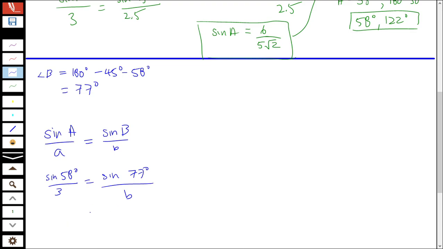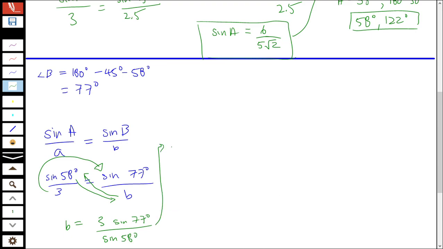So I'm going to rearrange. I'm going to multiply B on the left side, and I'm going to multiply or divide this on this side, and I'm going to move the 3 over here, multiply it at the top. If this looks too confusing, you can just do cross multiplication and then isolate for B. That also works too. So if I rearrange for B, B is equal to 3 sine 77 all over sine 58.